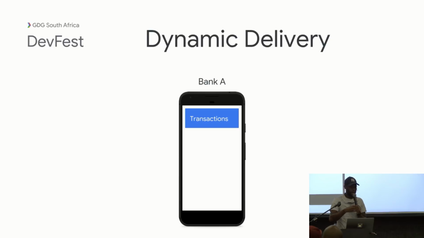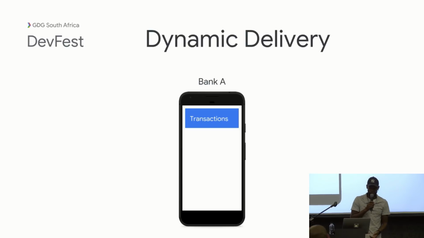In a dynamic delivery application, we must recall that banks have different products. Say a bank offers your day-to-day banking. They offer vehicle financing, home loans, and insurance as well, right?